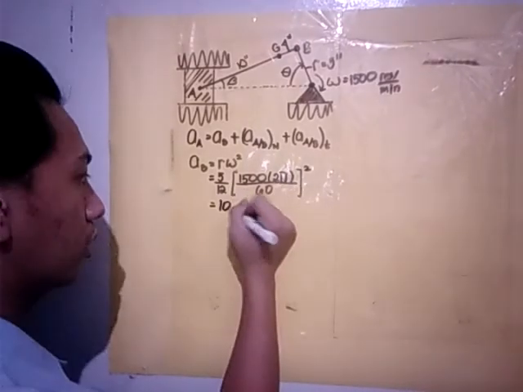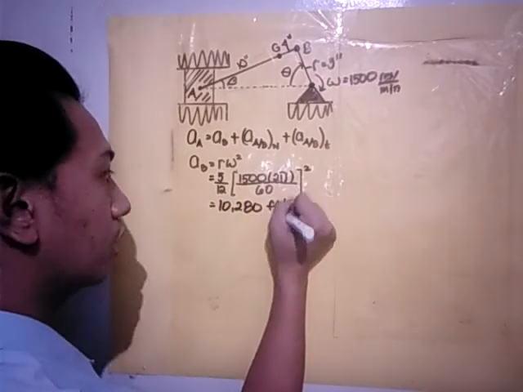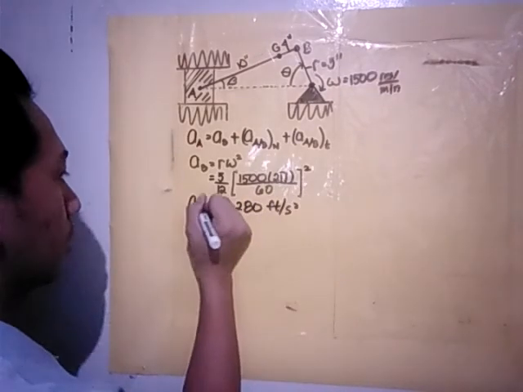I get 10,280 feet per second squared. So this is our acceleration of B.